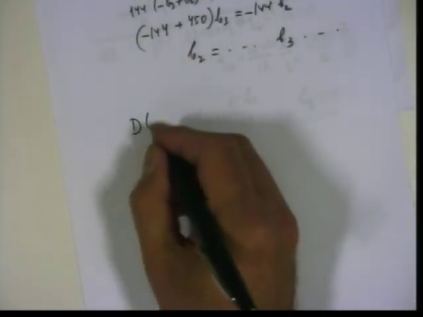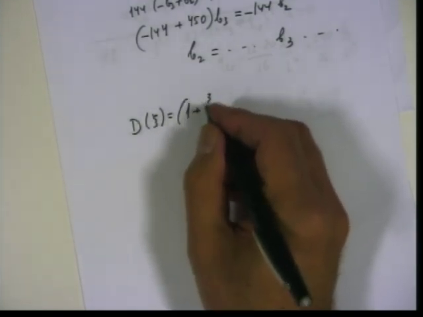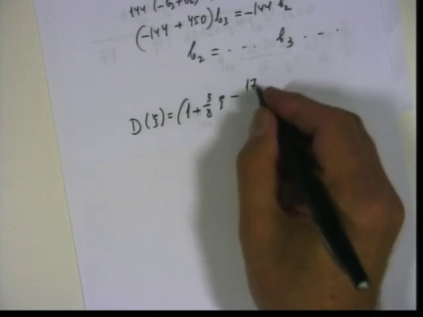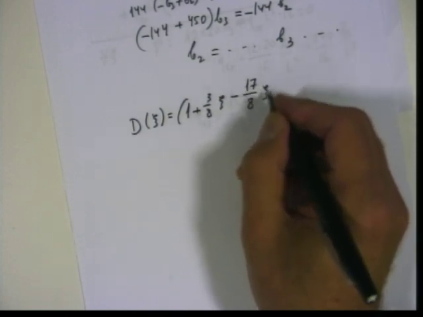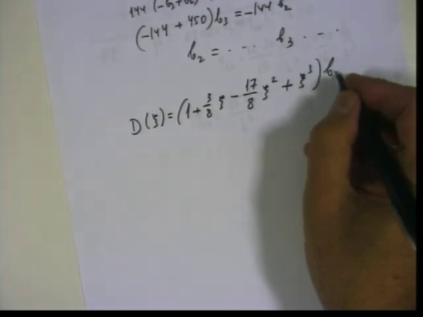And I will write down the final expression. D of xi equals 1 plus 3/8 xi minus 17/8 xi squared plus xi cubed b3.